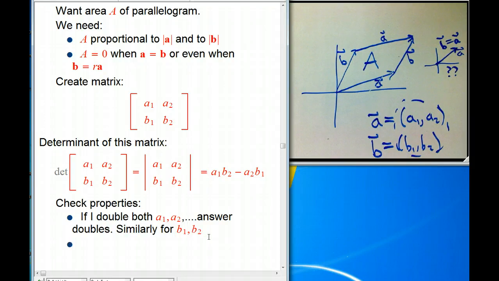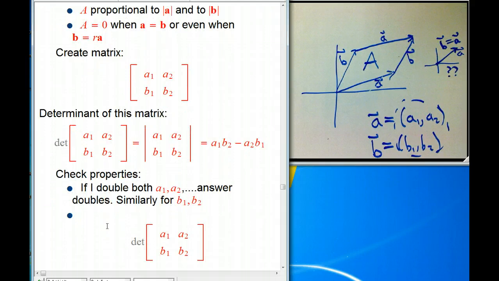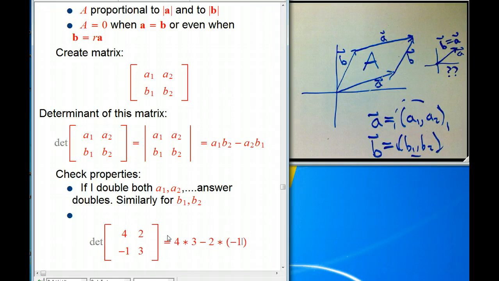As an explicit numerical example, we could say the determinant of, let's say, 4, 2, minus 1, 3. That's going to be 4 times 3 minus 2 times minus 1.